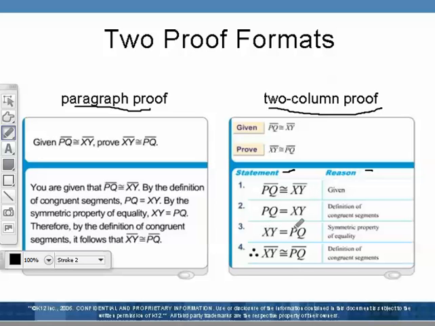So, XY is equal to PQ. What is that? That's the symmetric property of equality. That's the one where we can reverse them. Right? Therefore, XY must be congruent to PQ. That's the definition of congruent segments again. Once again, I could either state that in a paragraph or I could read it from the statements and the reasons right over here. Either way works.